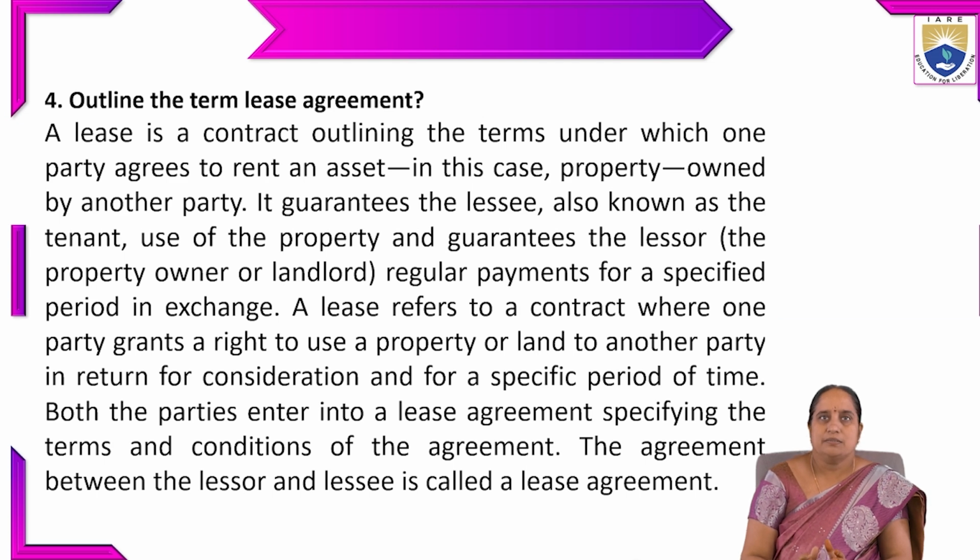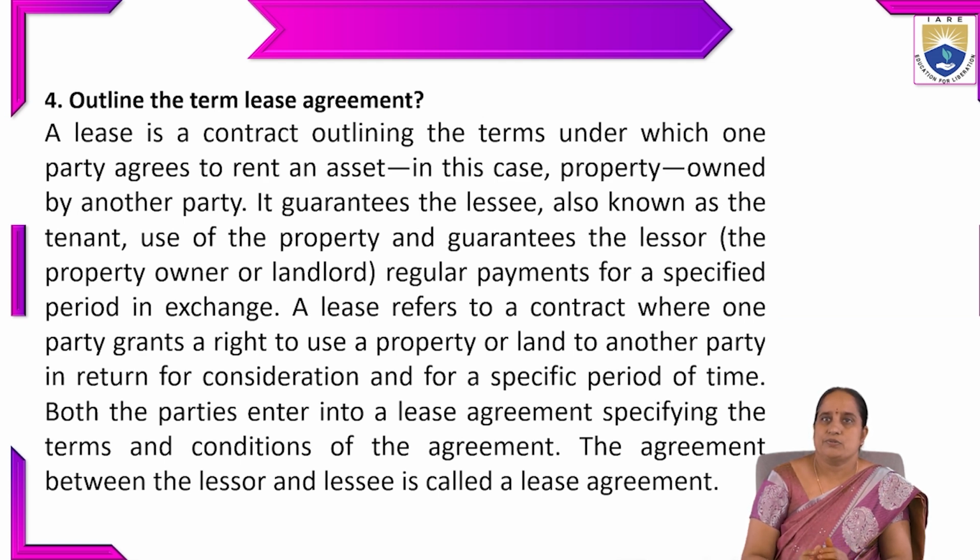A lease is a contract outlining the terms under which one party agrees to rent an asset. In this case, the property may be owned by another party. So it guarantees the lessee, also known as the tenant, use of the property and guarantees the lessor, the property owner or landlord, regular payments for a specified period in exchange.